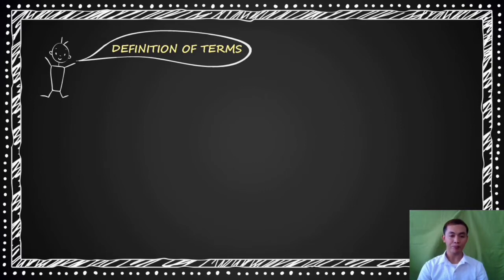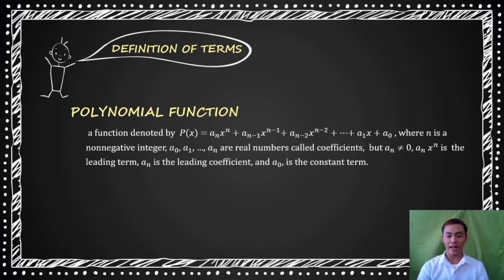Next term, we have polynomial function. A polynomial function is a function denoted by p of x equals a sub n x raised to n plus a sub n minus 1 x raised to n minus 1 plus a sub n minus 2 x raised to n minus 2 plus and so on, plus a sub 1 x plus a sub 0, where n is a non-negative integer.